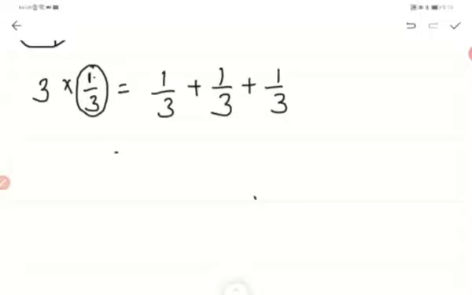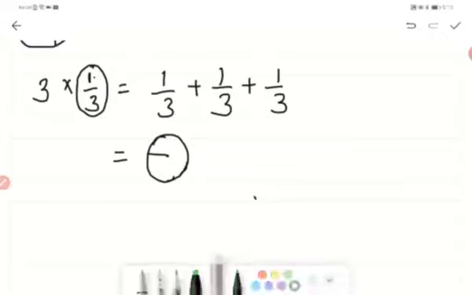So how will you represent the pictorial form of this? Since it is 1 by 3, I will take a circle representation because it's easy for me to divide this circle. So the circle is divided into how many parts? 3 parts, isn't it? So you need to divide it into 3 equal parts.